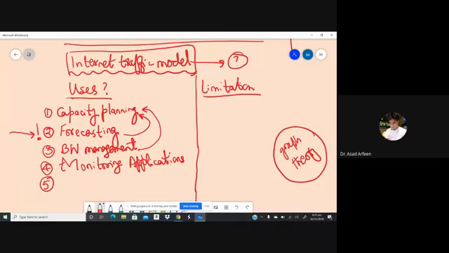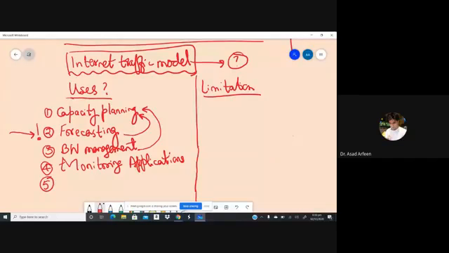Topological aspects are more covered in graph theory. I don't think that internet traffic is responsible for network failure. Some link failures can be attributed to power issues or fiber cuts.